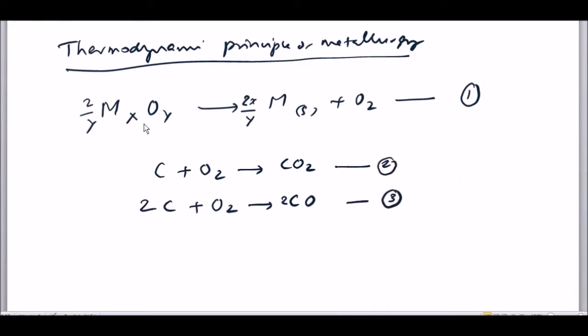See, the metal oxide is converted into metal and oxygen, using carbon as the reducing agent. The carbon accepts oxygen to form carbon dioxide. Carbon accepts oxygen to form carbon monoxide. Now, when carbon monoxide accepts oxygen, you get carbon dioxide.